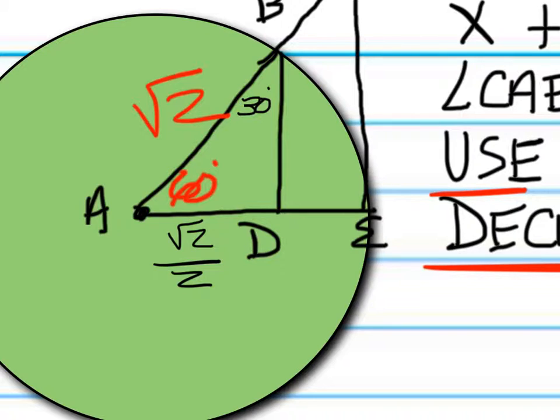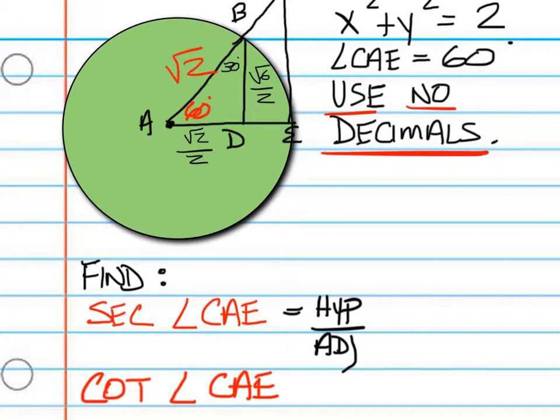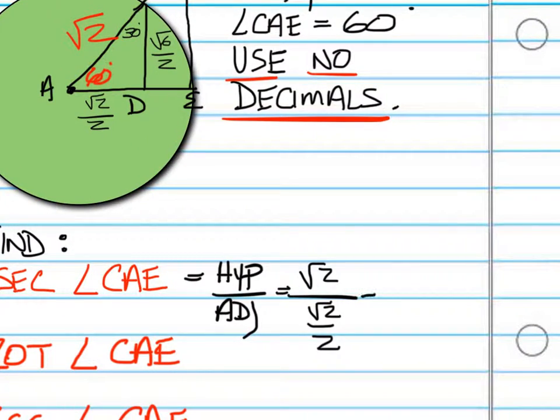And then for the long leg, it would be square root of 3 times the short leg, which is square root of 6 over 2. So hypotenuse over adjacent would be square root of 2 over square root of 2 over 2, which is the same thing as square root of 2 over 1 times 2 over the square root of 2. And these cancel out just to give you a 2.